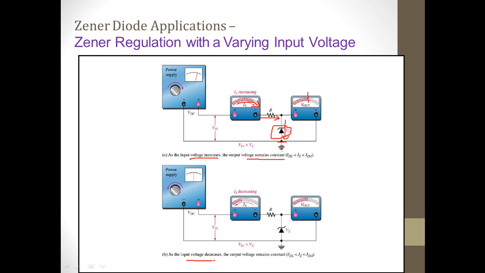Similarly, as the voltage decreases, the output voltage also remains constant. If you decrease the voltage, the current coming from here will be conducted over here, and it will keep things stable. So Zener is also used to stabilize the output voltages of any device.